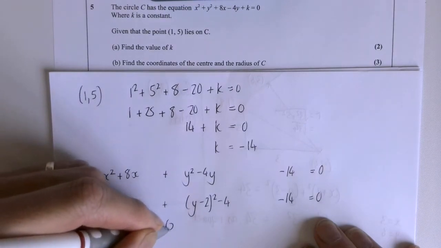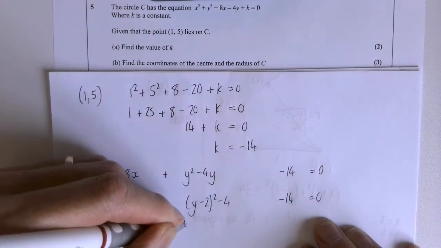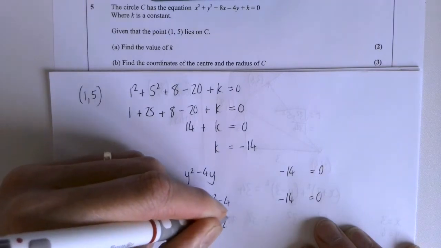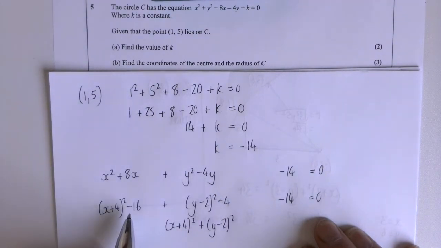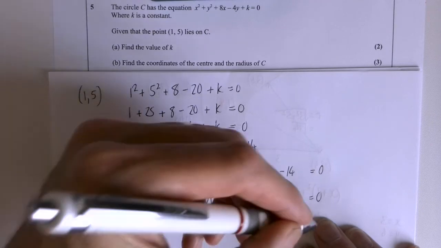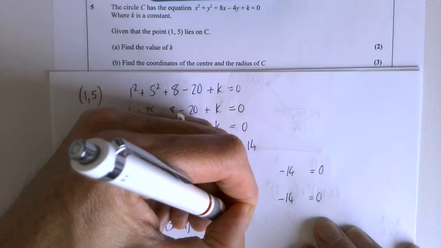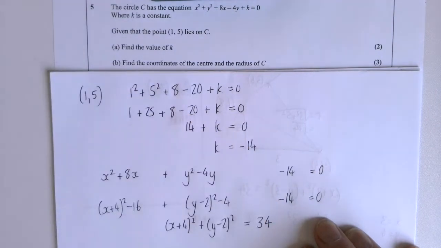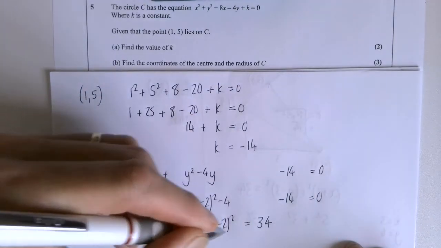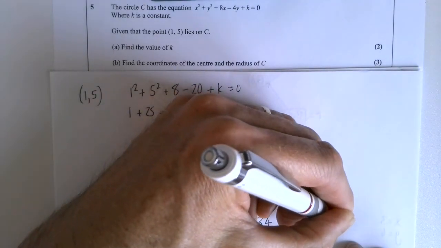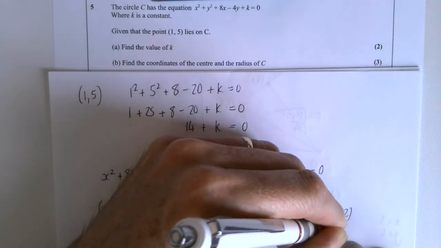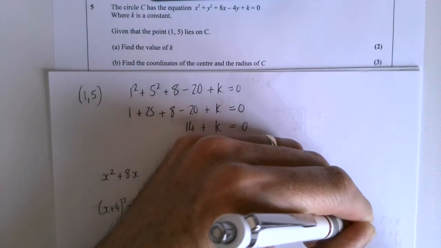So I get y plus 4 squared and y minus 2 squared, and I've got minus 16 and minus 4, so it's minus 20, minus 34. When I add that to both sides, that gives me 34. So I've got a centre, remember it's the opposite of that, minus 4, 2, and the radius is the square root of 34.